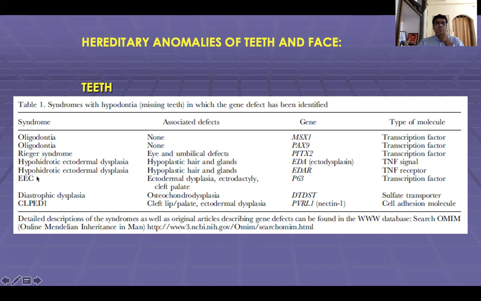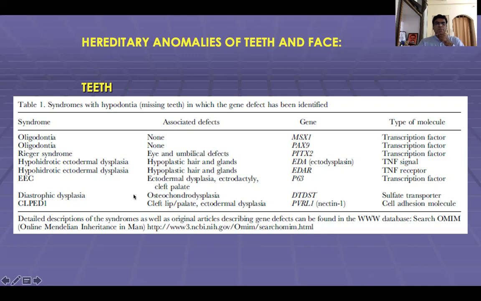Then EEC: again, you can see hypoplastic hair and glands, ectodermal dysplasia, ectrodactyly, cleft palate, and P63 is the gene expressed here, and transcription factor is the type of molecule.